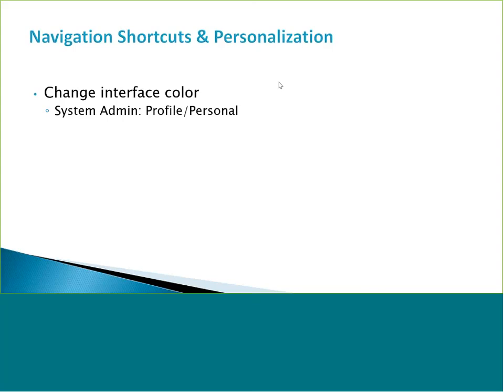Okay, and the way you do that, you can go to the System Administrator responsibility, select Profile, and under that, select Personal option, and you can change the color. There's also another navigation to do the same thing, which I'm going to show you.